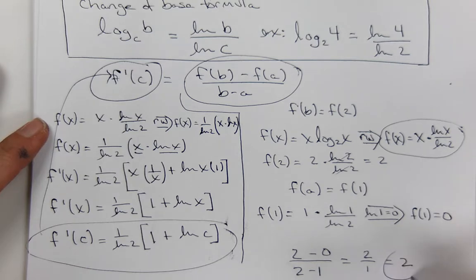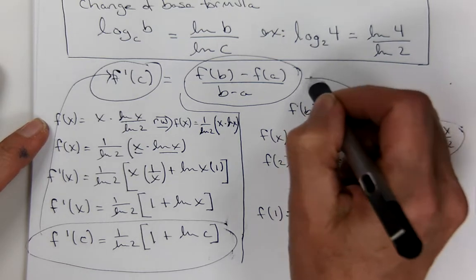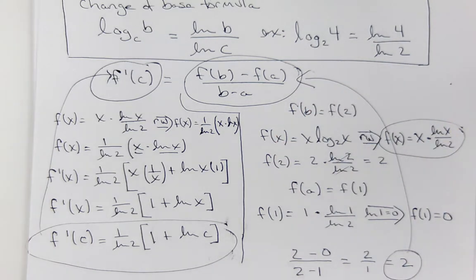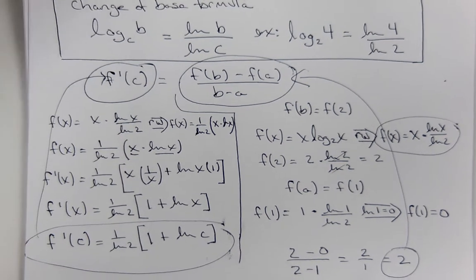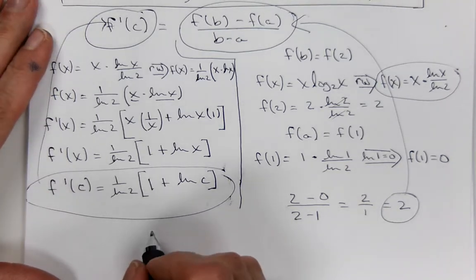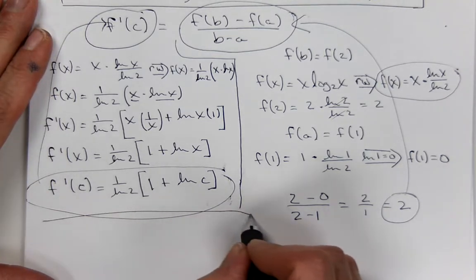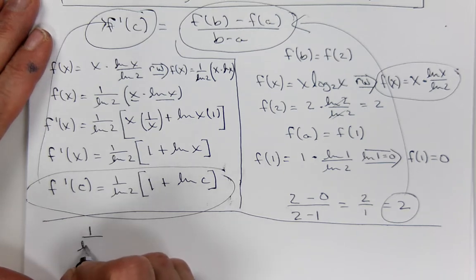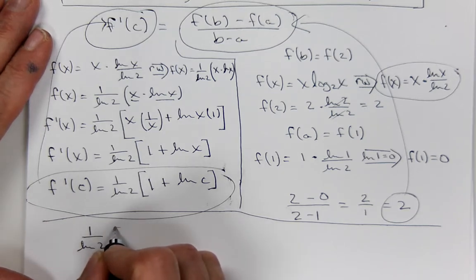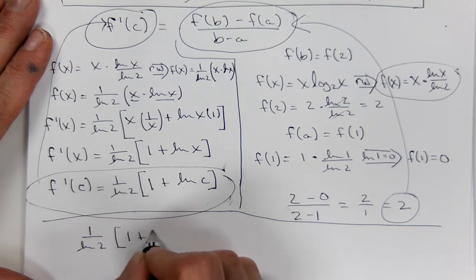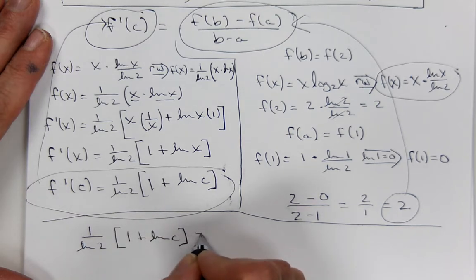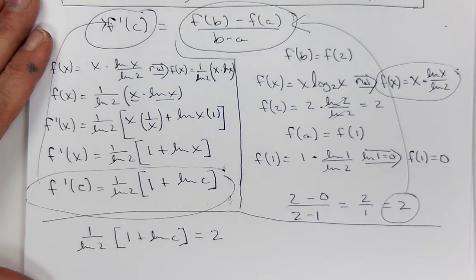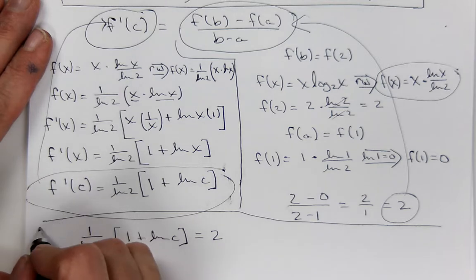And then remember, the 2 is what we computed for going there, and we set them equal to each other. I hope I'm not going to run out of room. Let's see how we do. So now I have the whole thing put together. 1 over natural log 2 times 1 plus natural log c is 2. And I'll go ahead and multiply by natural log 2 on both sides.